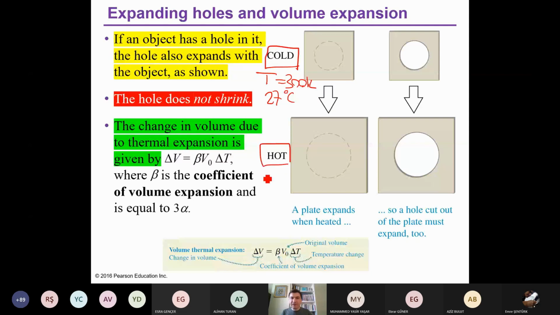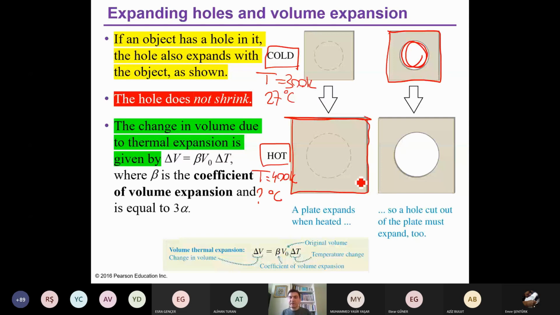So the new temperature, let's say 400 Kelvin, or you can also convert into degrees Celsius, and now we have a bigger volume. The material is expanded, right? But what happens if we have a hole within this material? The hole within this material will also expand. Don't forget this one. This is very important.